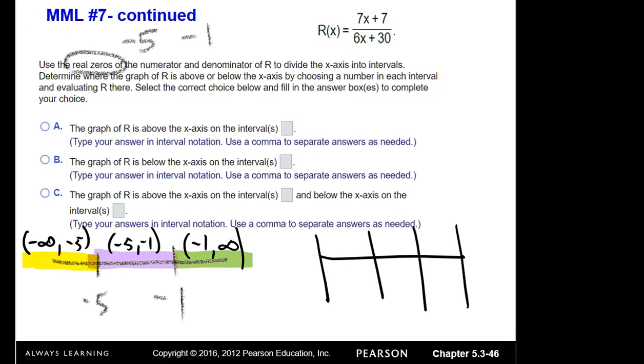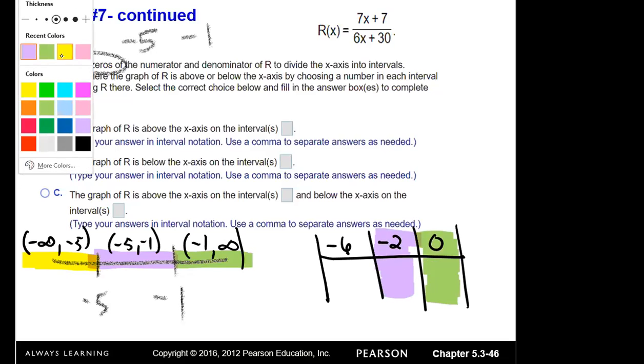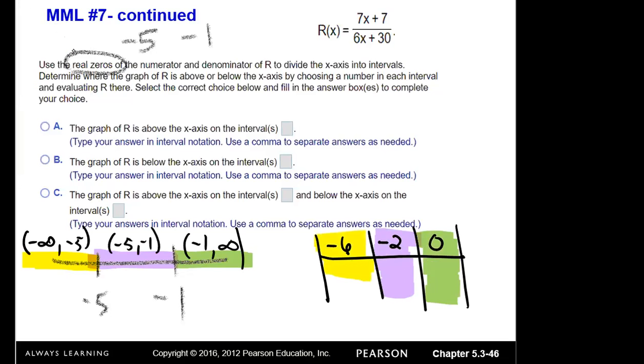So between -infinity and -5, pick a number. I'm just going to use -6. Between -5 and -1, I'm going to use -2. Between -1 and infinity, I will definitely use 0. Now I will spare you the math since I am out of time pretty much. I'll just tell you what the numbers came out to be. When I plugged in -6, I got 35/6, which was positive.